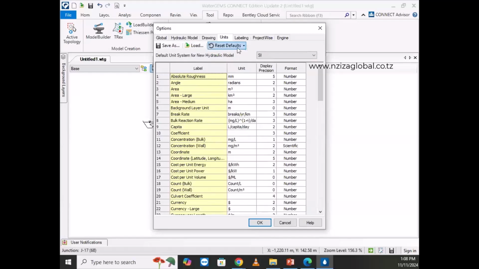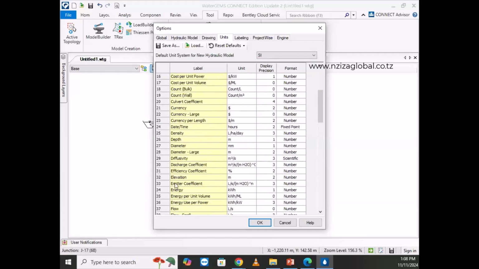So this can be set as a default. But from there, you can just pass through. The most important units that we may need are the unit of elevation, the unit of pressure, the unit of velocity, the unit of flow. You may check yourself if those units comply with what you want.